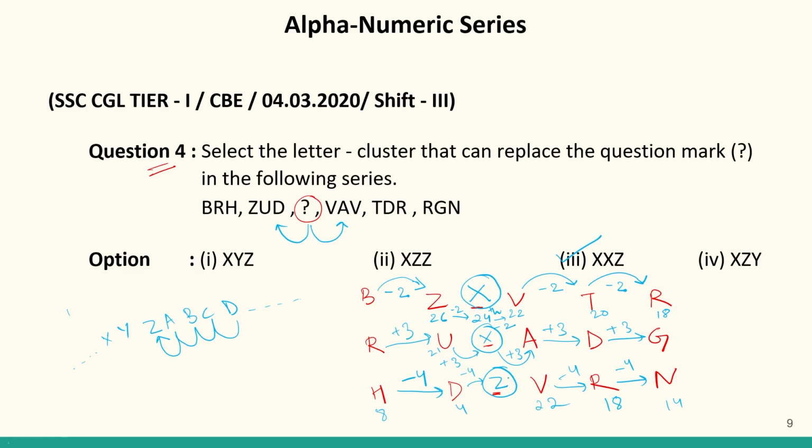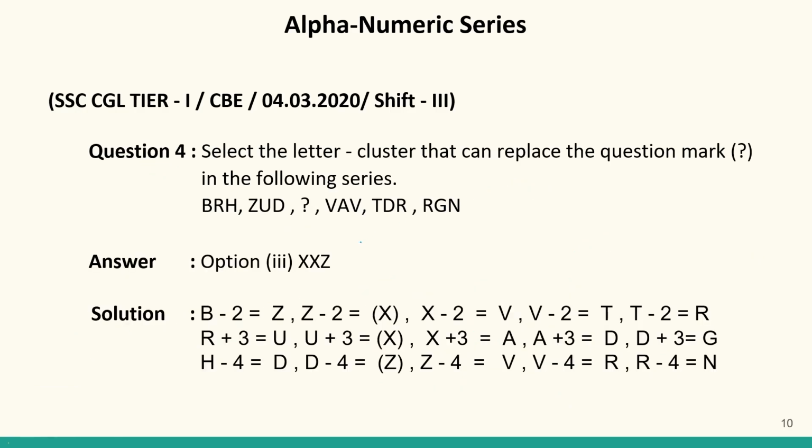Let's check. From Z, if we move 4 positions back, Z is called 26, and 22nd letter is V. So this also follows the logic. Hence the answer will be X, X, Z. This will be the answer.